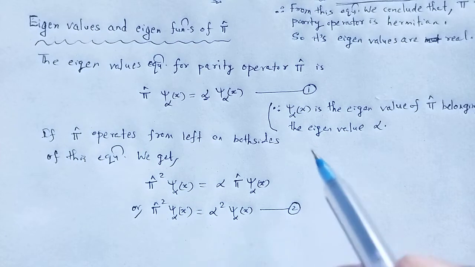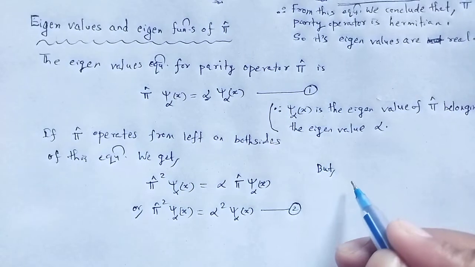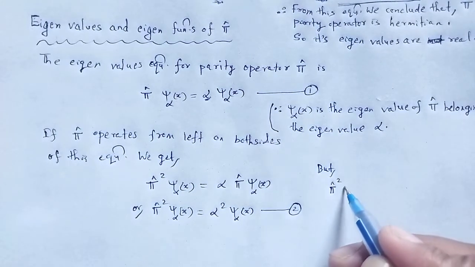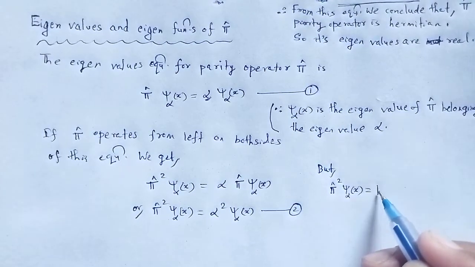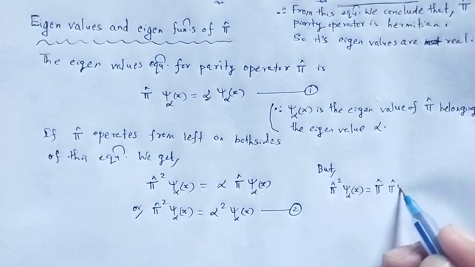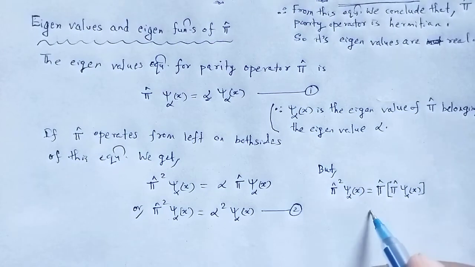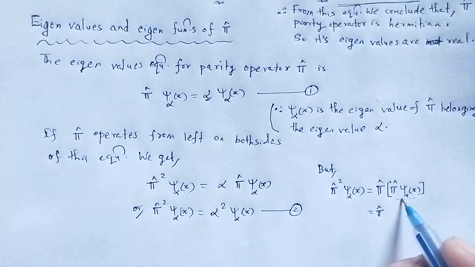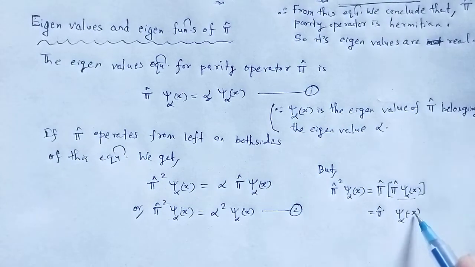But that can be further written like this: pi cap square psi alpha x is written as pi cap psi alpha of x. That means when the parity operator operates, that is psi alpha of minus x.